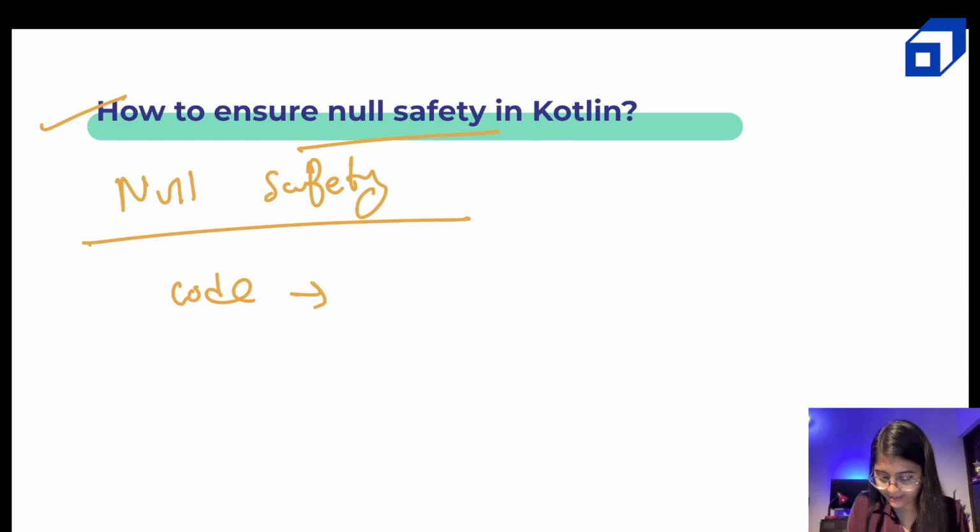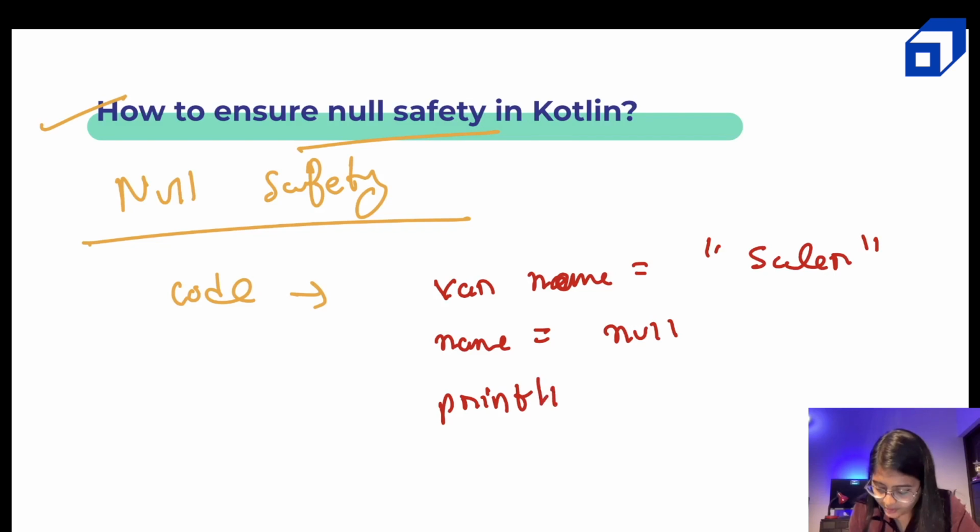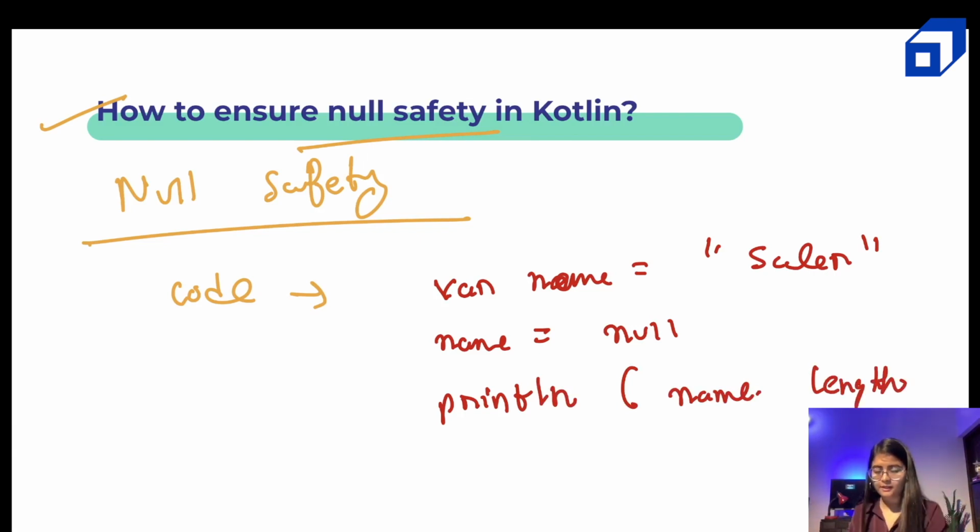If I write var name is equal to scalar, and later on I change the value of name to null, and if I do println to find the length of name, name.length is an inbuilt method, right?